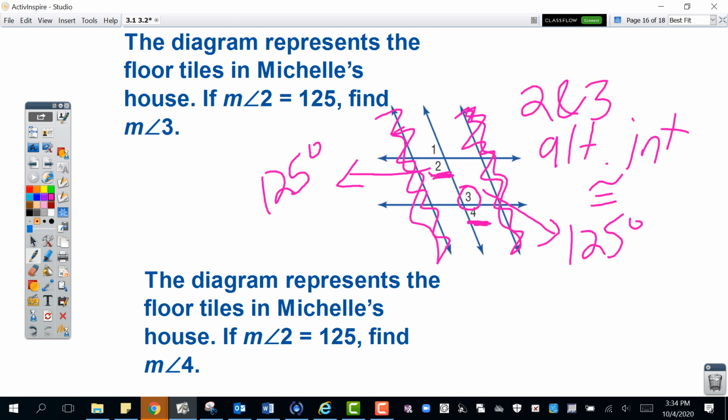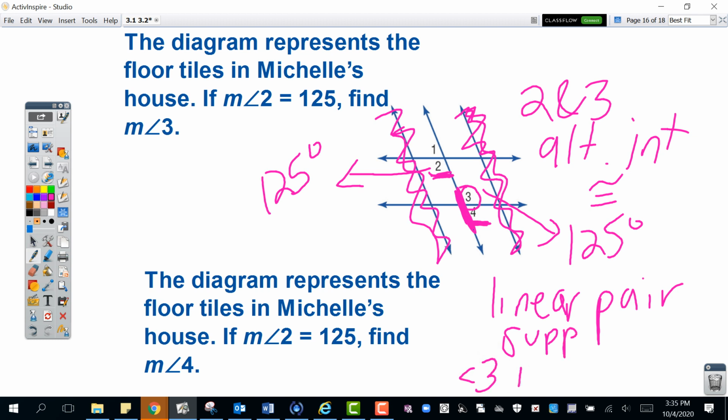Now I gotta look at angle 3 and angle 4. Let me think here. What kind of angles are those? Well, angle 3 and angle 4 are on a line. Therefore, they are a linear pair, something we learned back in chapter 1. If you remember, linear pairs are supplementary. Again, that means that they add up to 180. Therefore, angle 3 plus angle 4 is going to be equal to 180.